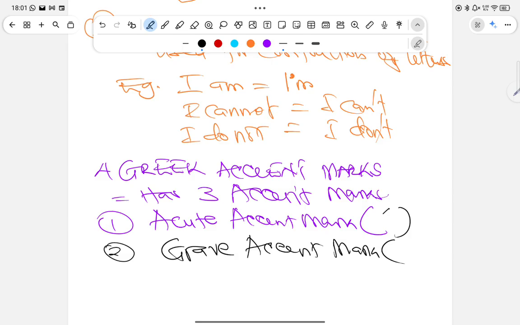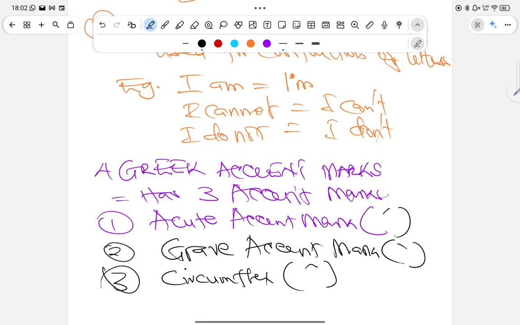Instead of the stroke facing right, let it face left, like that. Then the third is called circumflex. Circumflex as an accent mark is something like that, like a canopy on top.